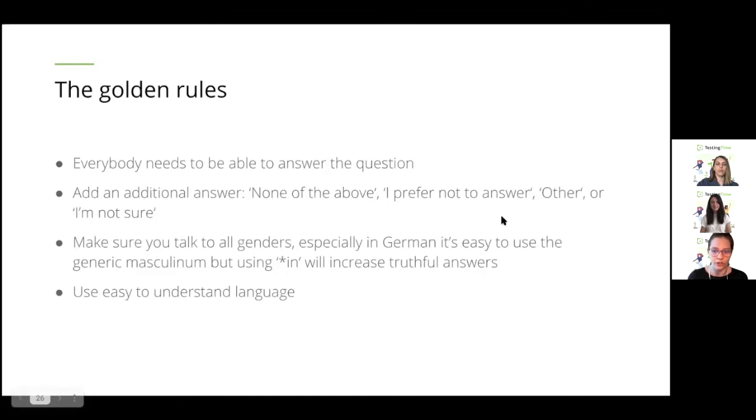Especially in German, it's easy to use the generic masculine, but using a star or just using gender inclusive language in general will increase truthful answers. Then it's important to use easy to understand language, so avoid complicated words or specific words that are only known by certain groups of people. Keep it simple.